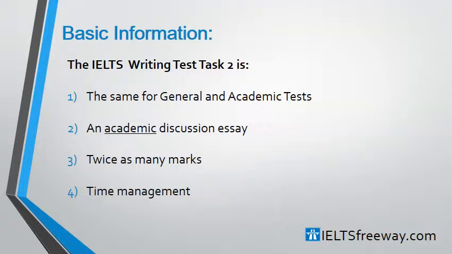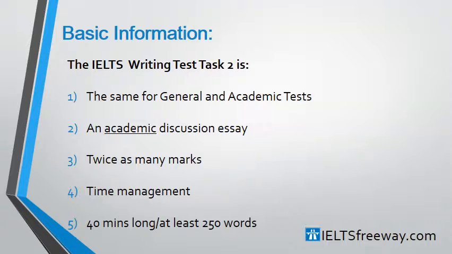So you have to decide how long you spend on each part. Nobody will tell you when to change from task 1 to task 2. It is recommended though that you spend 20 minutes on task 1 and 40 minutes on task 2.